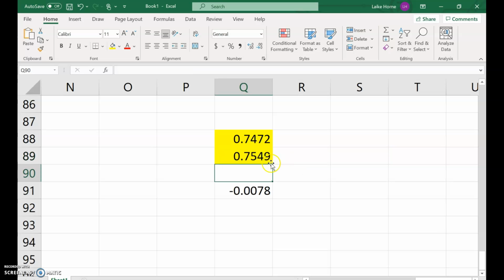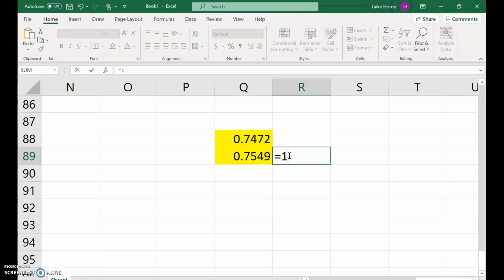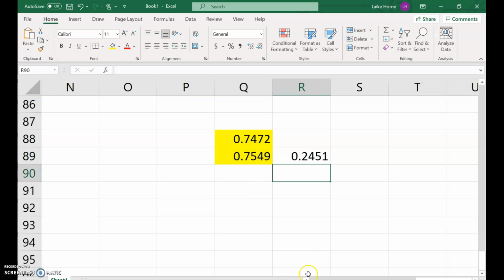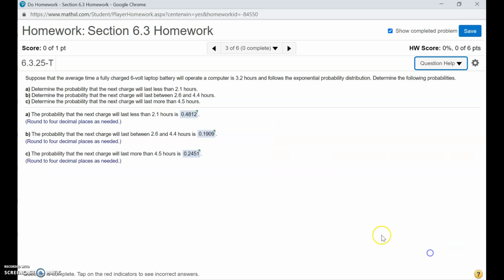This is going to give me less than or equal to 4.5. So I will use the complement rule and subtract the less than side from 1 to get the greater than side. So that would be 0.2451.